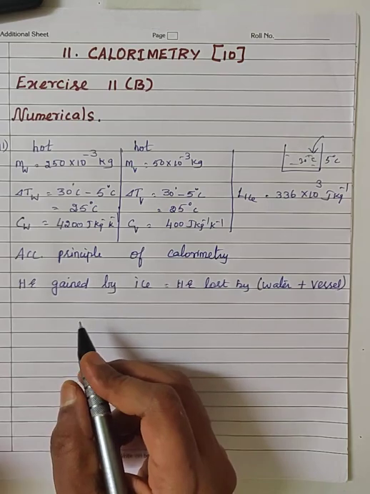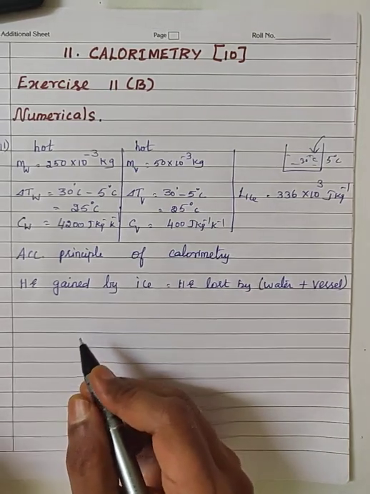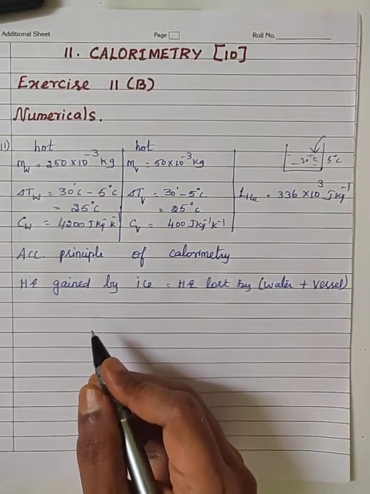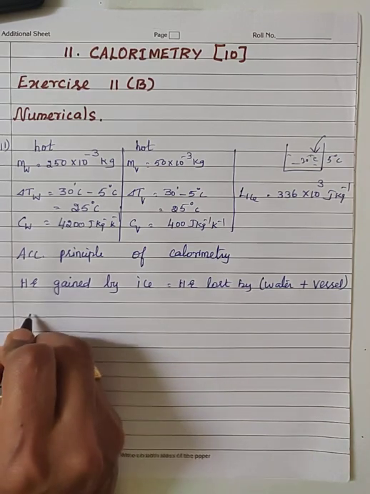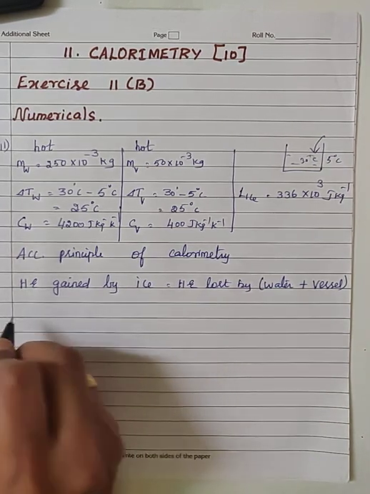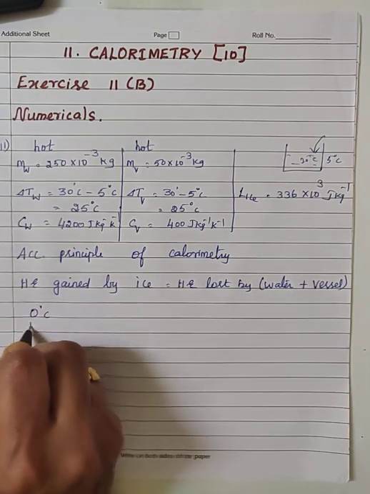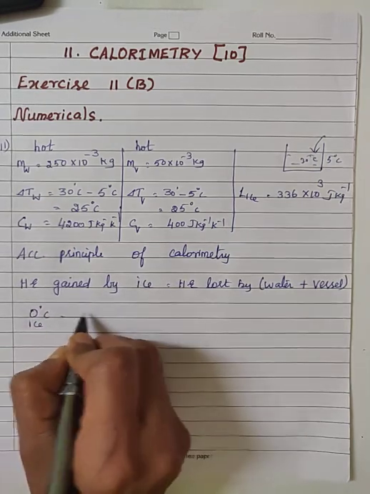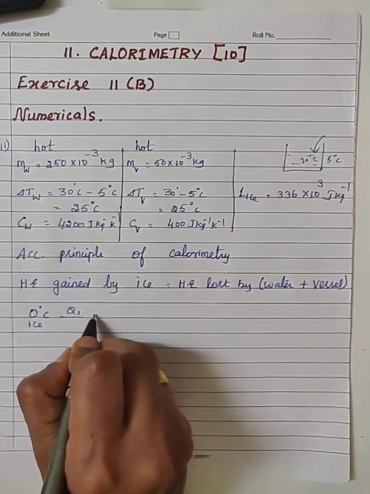The initial temperature of ice is not given, but the final temperature of the mixture is given as 5 degrees Celsius. So ice at 0 degrees Celsius will absorb heat energy. Let me write Q1 as the amount of heat energy.